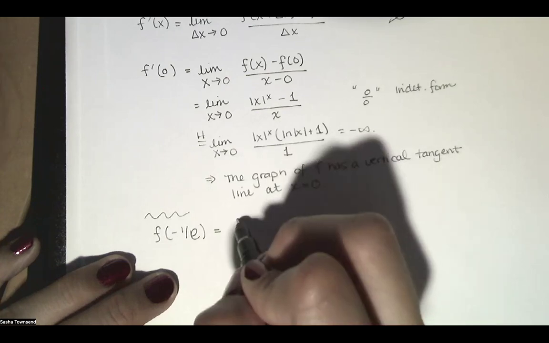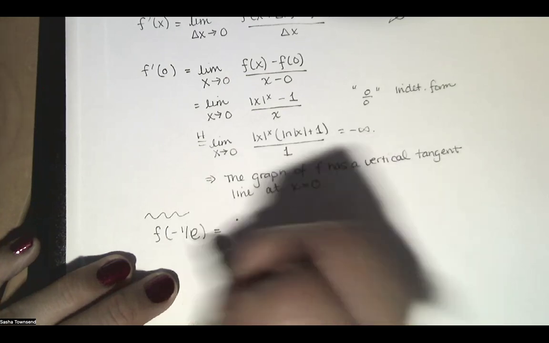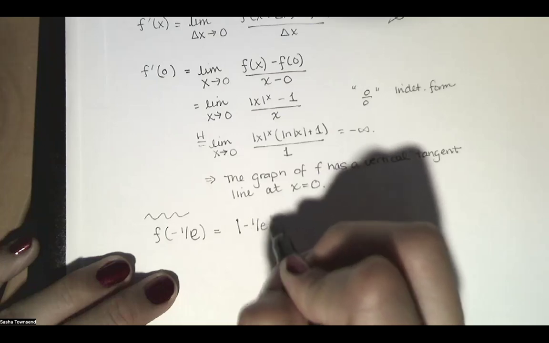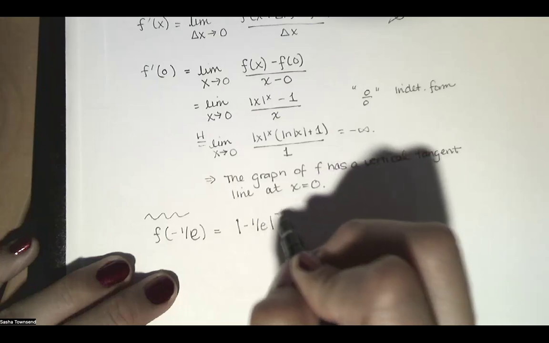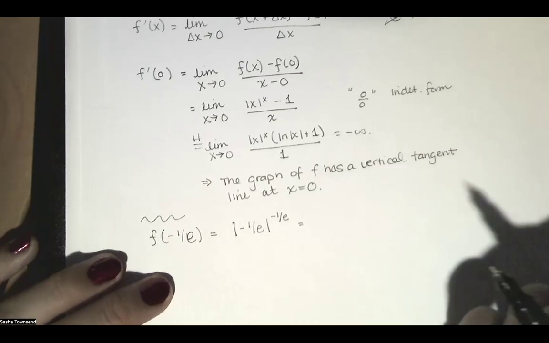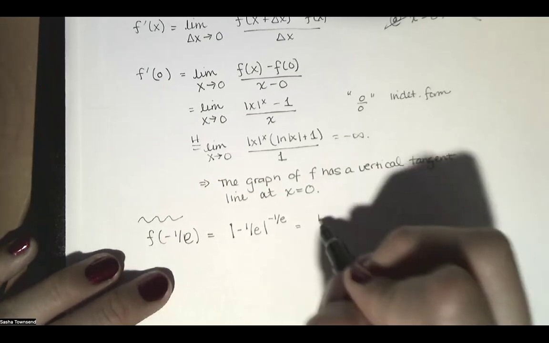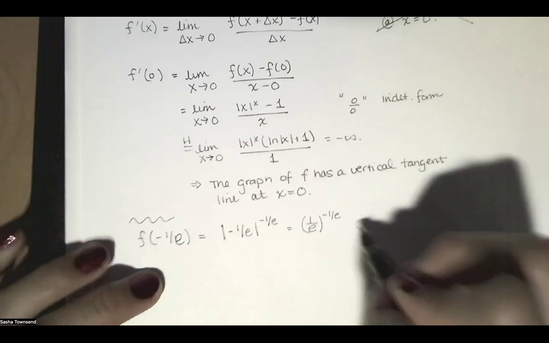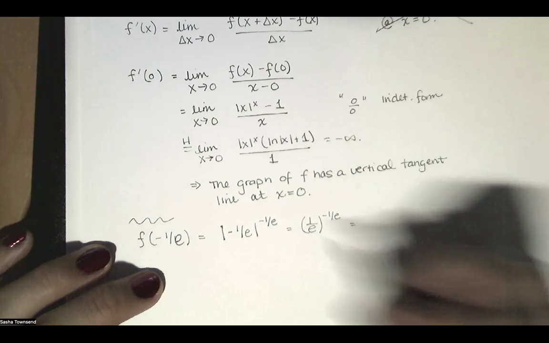So, since we're on that negative branch, we take the absolute value of that and we raise it to the x power. Well, the absolute value of negative 1 over e is positive 1 divided by e. And then we can flip that.